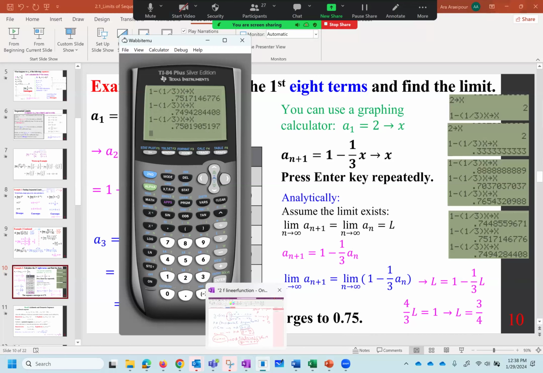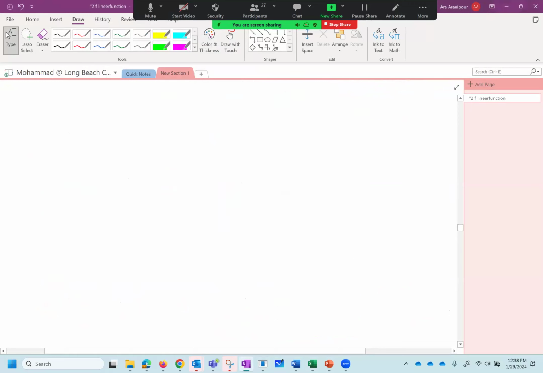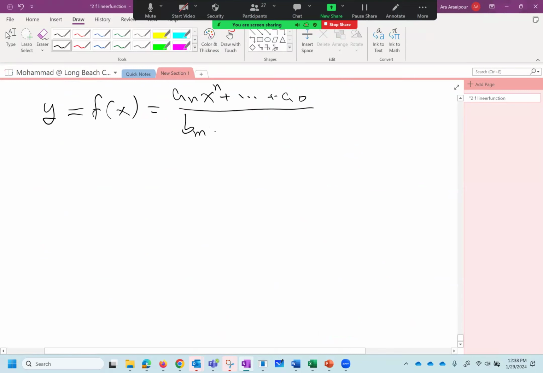As far as this concept that I wanted to mention regarding limits of rational functions are concerned, I want to remind you of what you learn in algebra when y or f of x was given as a sub n, x to the power of n, all the way to a sub 0, over b sub m, x to the power of m, all the way to b sub 0.